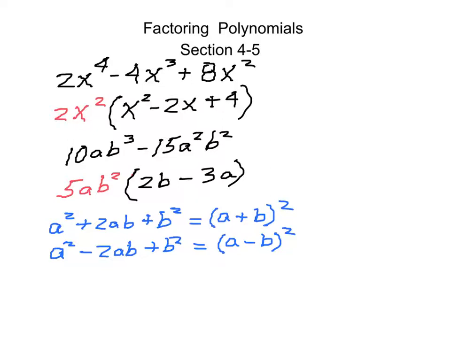So say you get a squared minus b squared, and that is simply equal to a plus b times a minus b. All right, so these are three special products that you should learn to recognize. So let's look at some examples here.